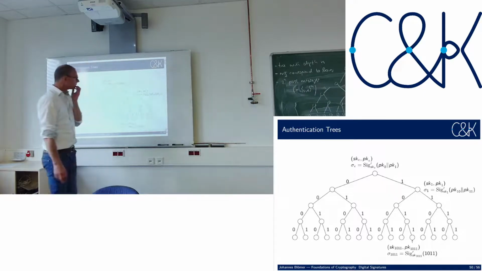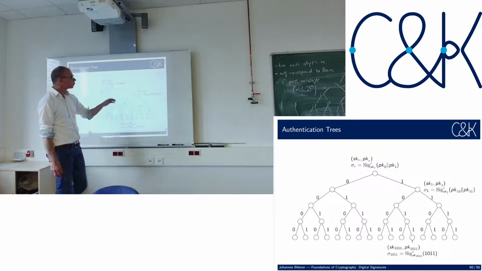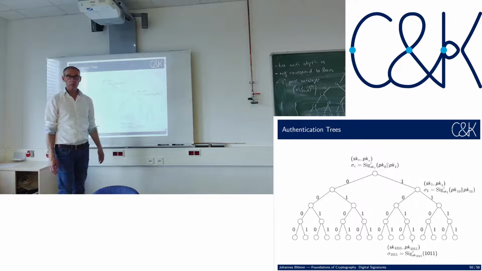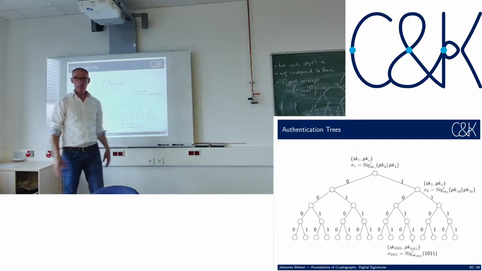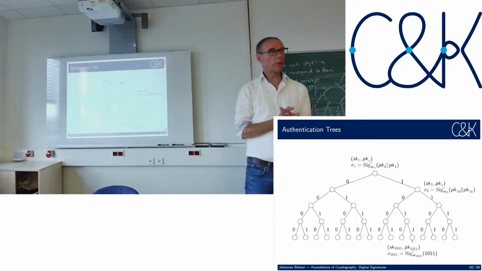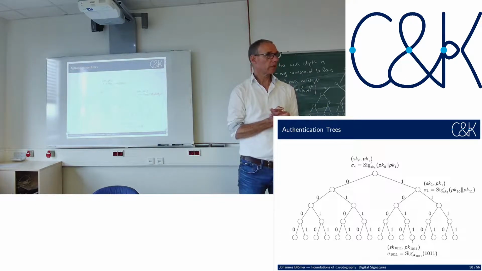When I go down this tree, I need to generate the key with the key generation algorithm, and I generate it with some randomness. Hence, I have to remember what these things are.